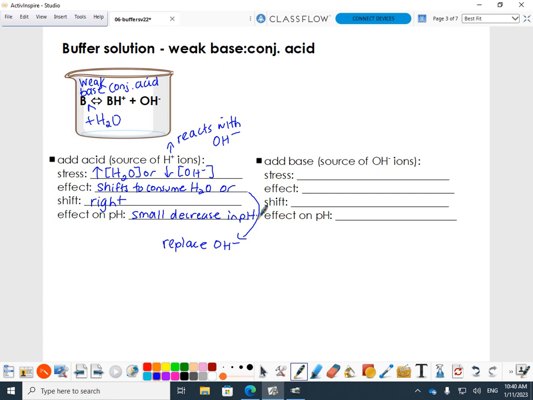Water is always a reactant. The ion that's important, like we talked about yesterday, the OH or the H, is always on the product side. So if you get rid of the H or the OH, it has to shift right to make more, or shift right to consume, or forward to consume the H2O.